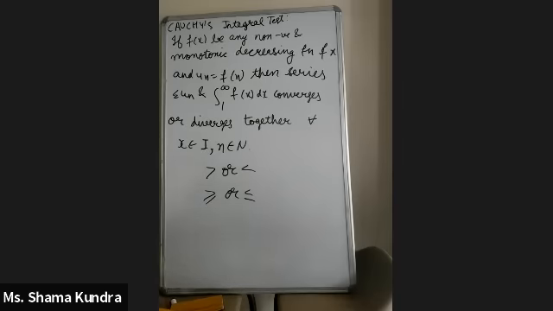If un can be integrated, then we use Cauchy's integral test. If un contains x, then Cauchy's integral test is not applicable because we have to make x in it.